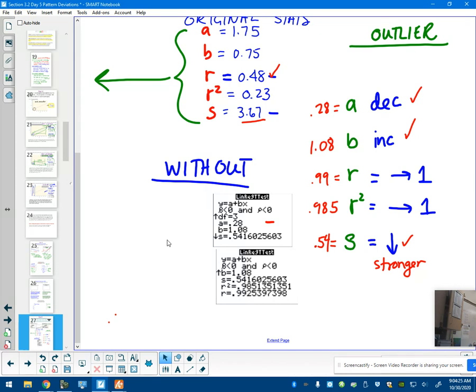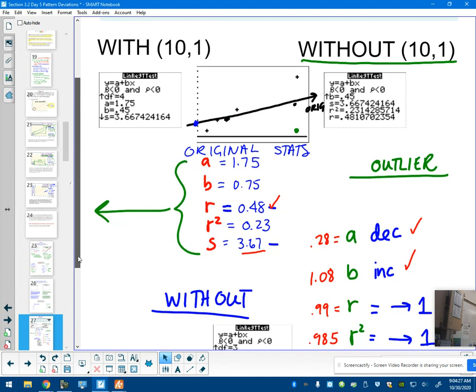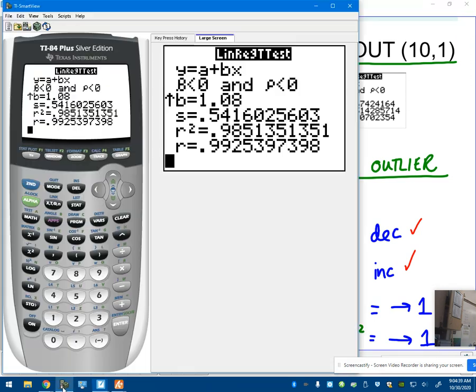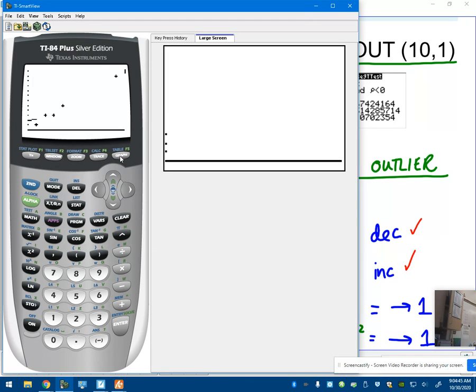Last thing to do is to draw a new line in a new color without that green dot. And my guess is it's going to go up something like this now. You don't have to draw that in yet. Let's just see if we're right. And then I'll answer Ella's question. So in order to do that, just hit graph. If you hit zoom 9, it will be off kilter. That's the old one. Here comes the new one. Look at that.